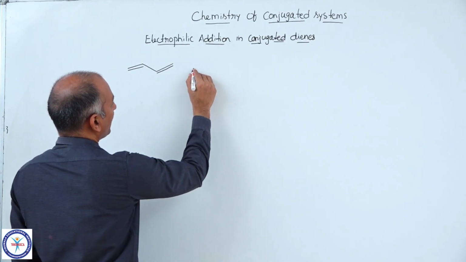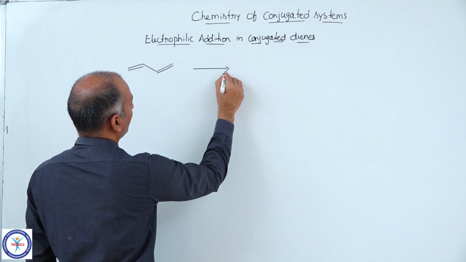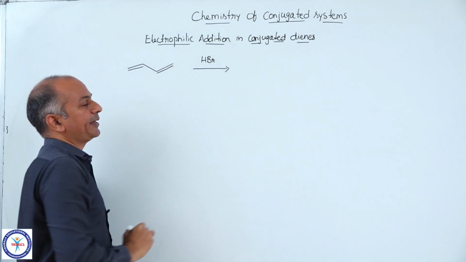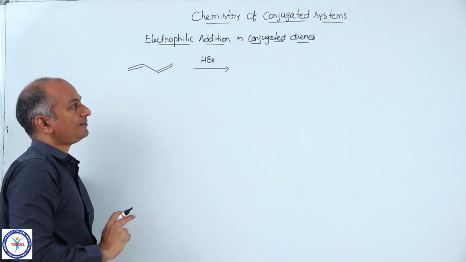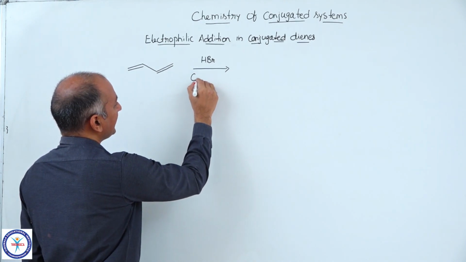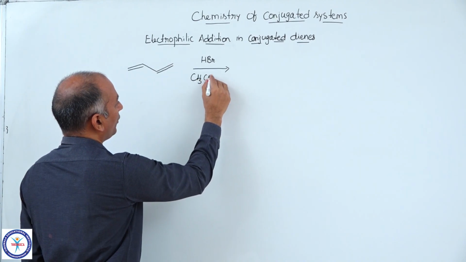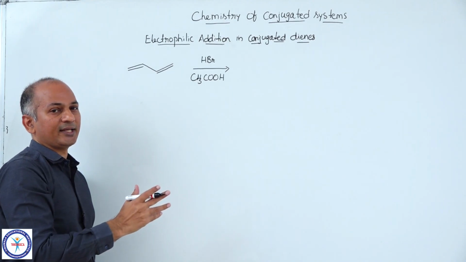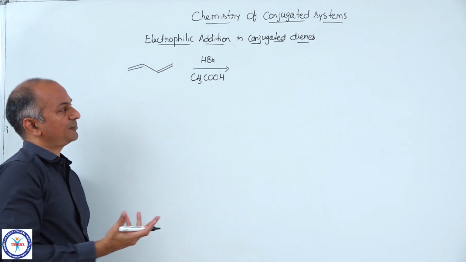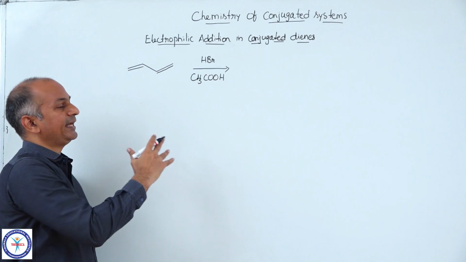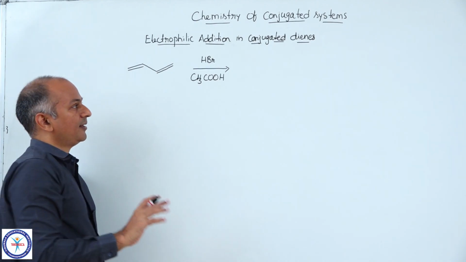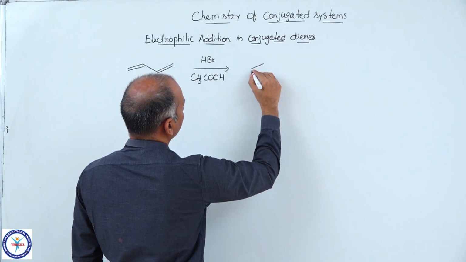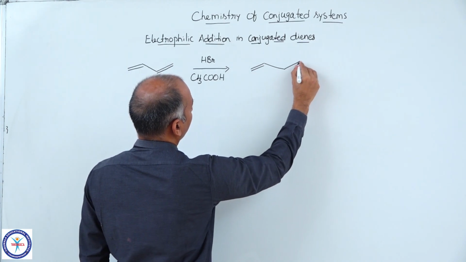And if you add HBr to this compound by taking a proper solvent, and generally acetic acid is taken as a solvent whenever you want to add HBr to any alkene, diene or normal alkene, acetic acid is taken. So here I am maintaining the room temperature, and here two products are obtained. One is this one.